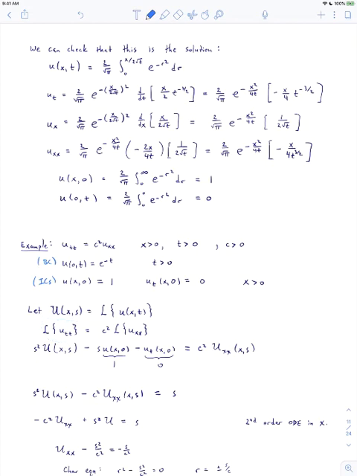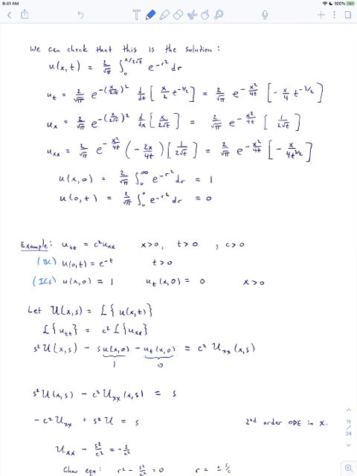So that's going to give us s squared times capital U minus s times lowercase u at x comma 0, which is our first initial condition, which is 1. And then we're going to have minus the first partial derivative of u with respect to t at x comma 0. This is our second initial condition, which is just 0. And again, we just choose 0 to make things a little bit easier to compute.